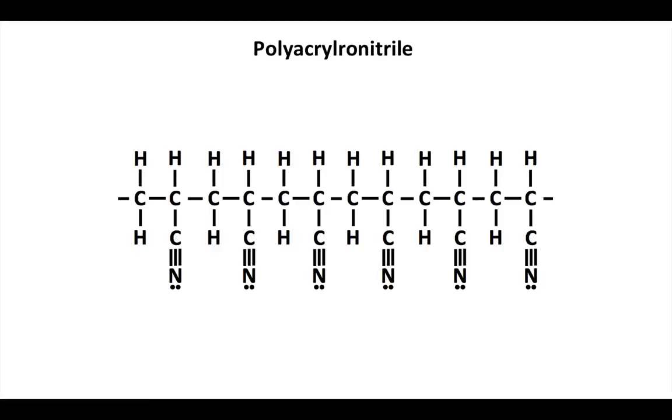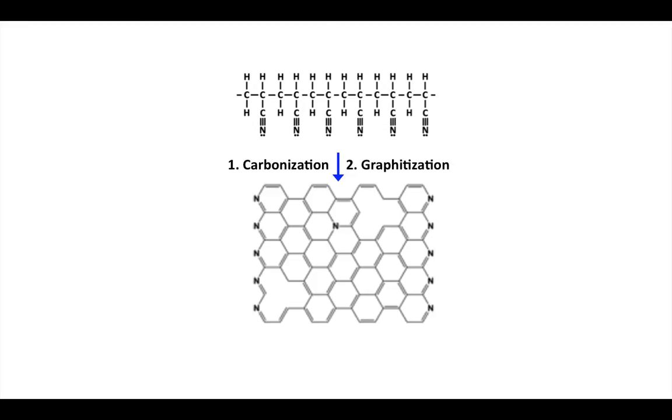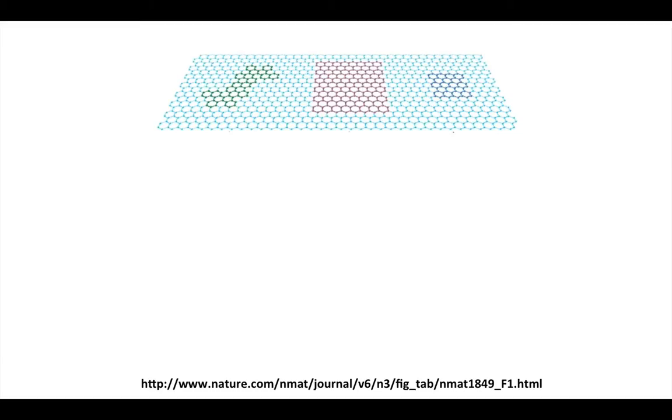The process begins with polyacrylonitrile, which is shown below, a long polymer. In a two-step process carried out at a temperature of thousands of degrees, the polymer is turned into the structure you see below. And that structure is really graphene, which essentially has the form of chicken wire in its shape.